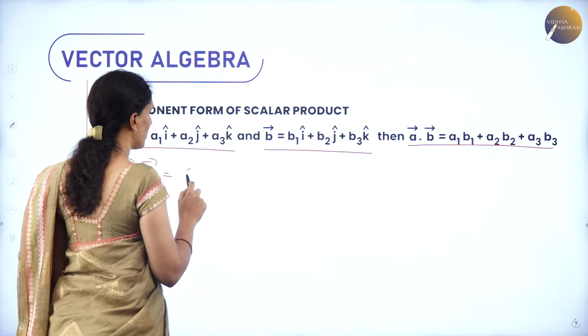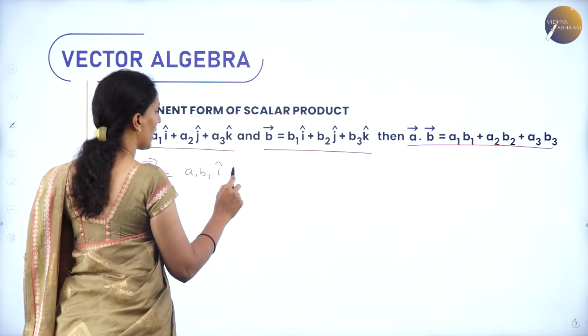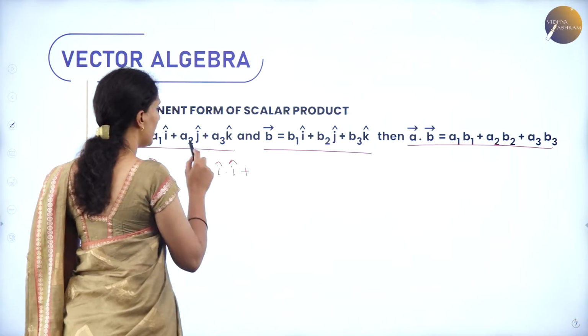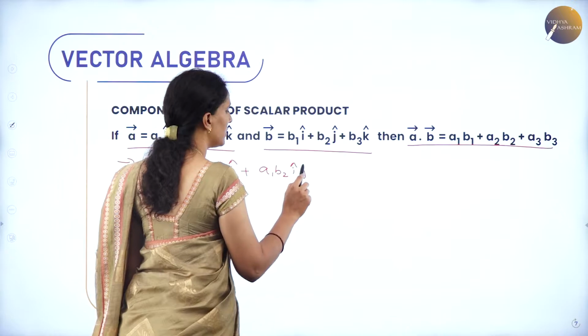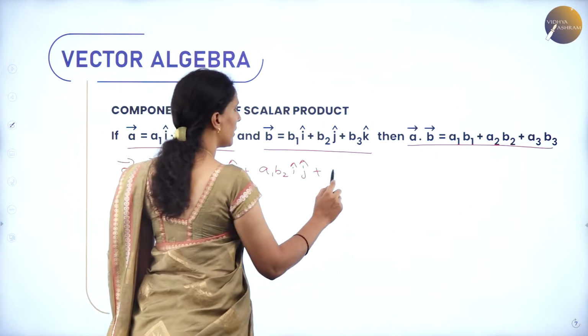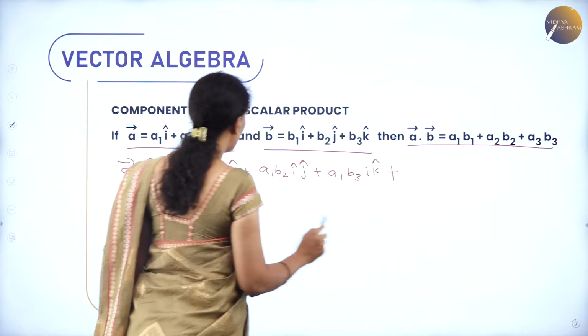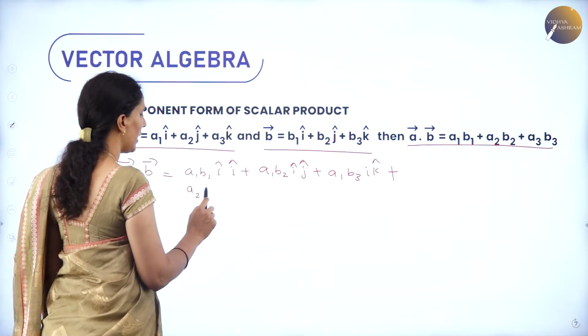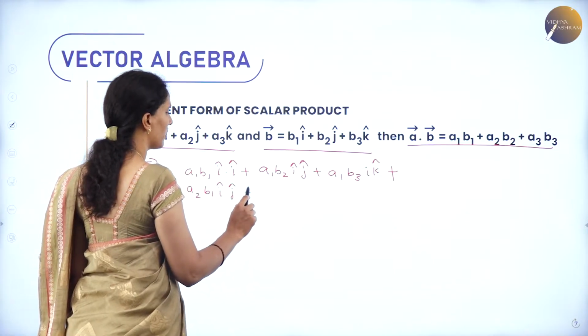If I write a dot b, what happens here? A1 into B1, so A1 B1, we have i dot i. Next, we have A1 B2, i dot j. Next, we have A1 B3, i dot k. Plus, next we have A2 B1, j dot i.